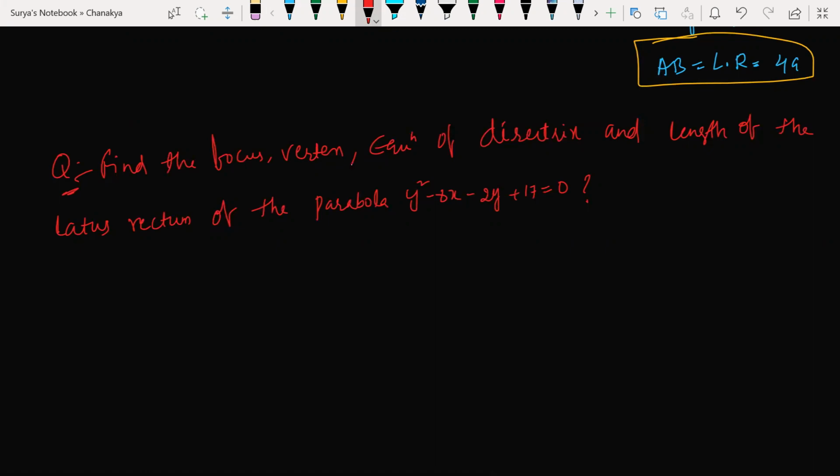Am I clear? Find the focus, vertex, equation of the directrix, and the length of the latus rectum of the parabola.